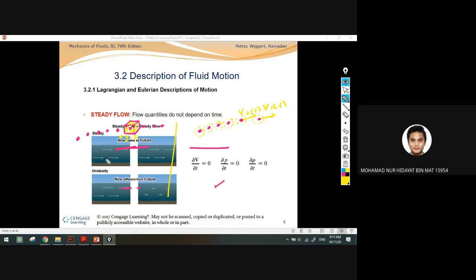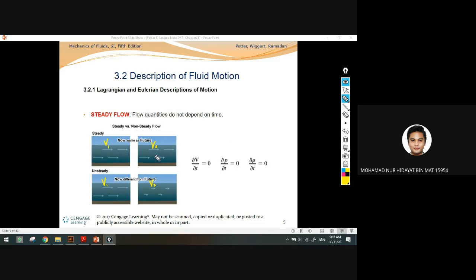For example, velocity 1 here is equal to velocity 2, whether it is now or future. For the case of unsteady, this is velocity 1 and this is the future. The next time, velocity 2 is different from velocity 1. This we call unsteady. It is related directly with time. With different time, there will be different velocity.